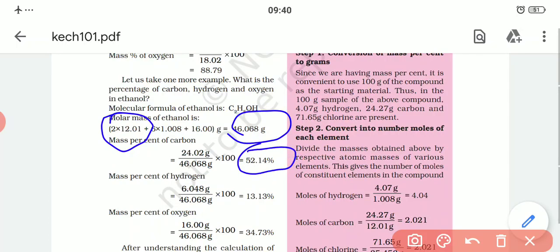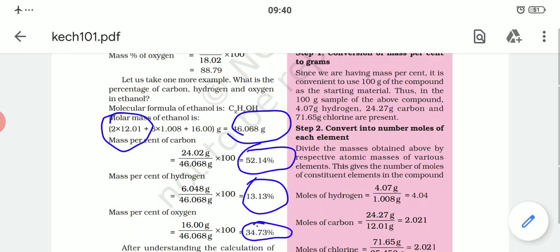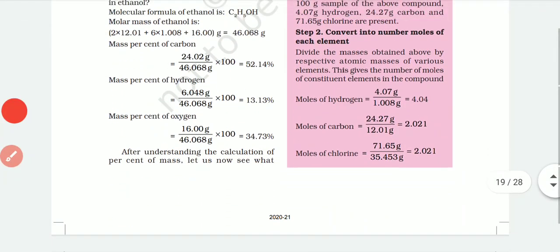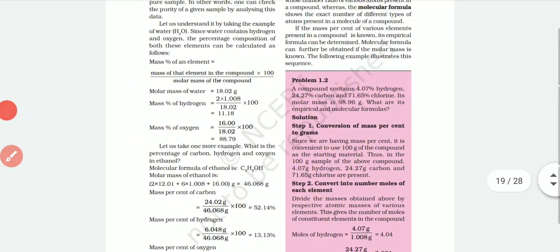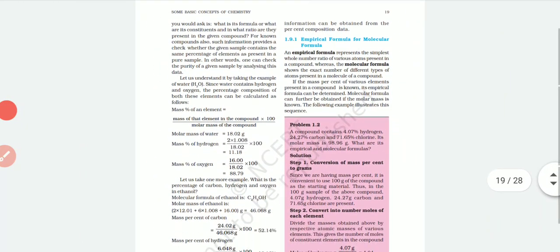Same way for hydrogen, 6 into weight of hydrogen, that is 6.48, divided by total into 100, 13.13. And last for oxygen, 1 oxygen is present, weight of oxygen divided by total weight, we get 34.73%. So by this we can calculate the mass percentage of each element.